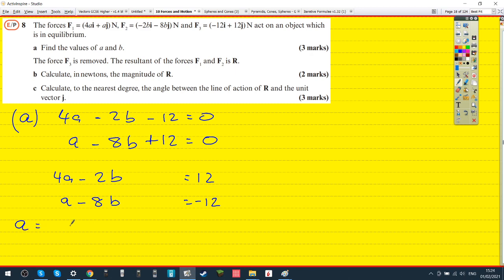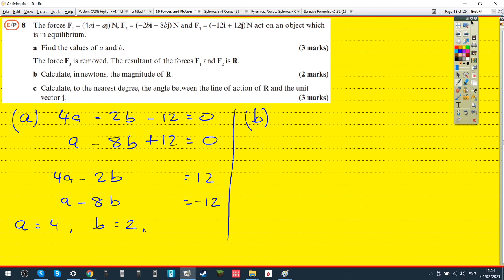And I got that a is 4 and b is 2. Great. Part B. So do I now need to sub in my answer for a and b into f1 and f2? Yep. And then add them together? Yep.